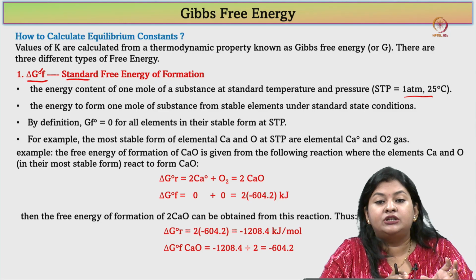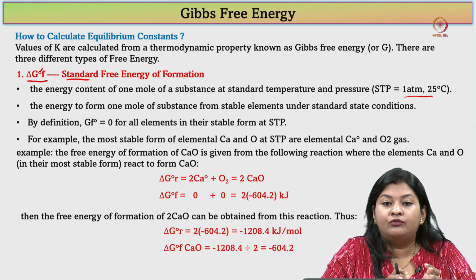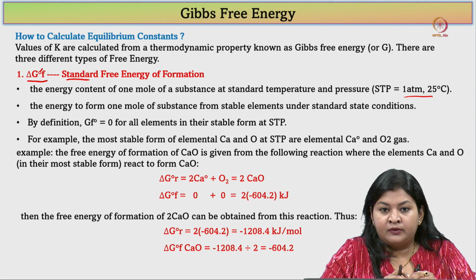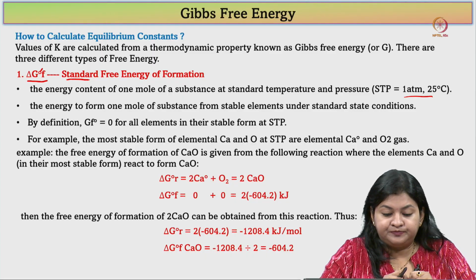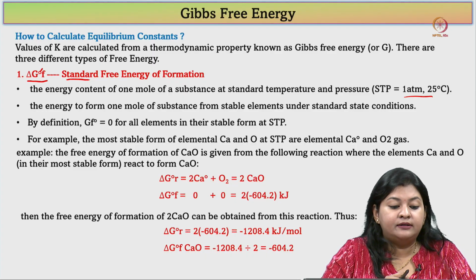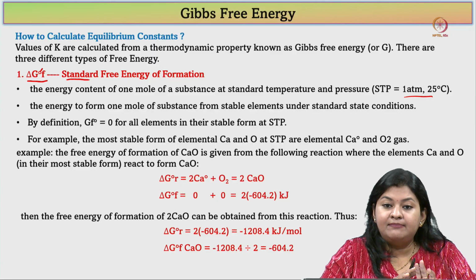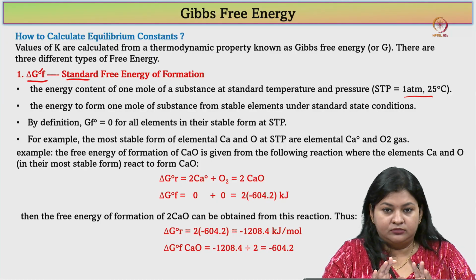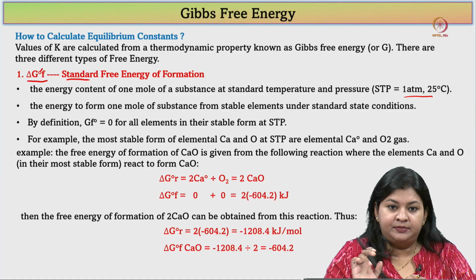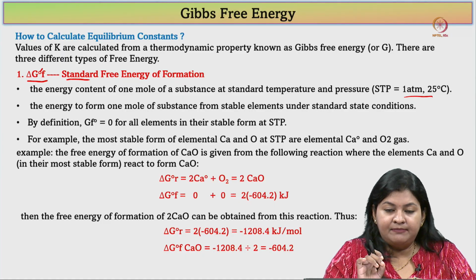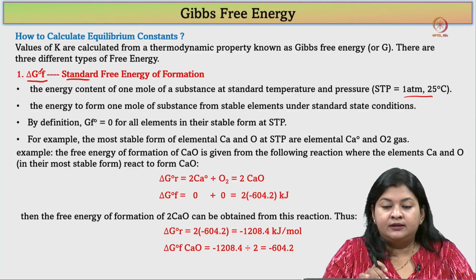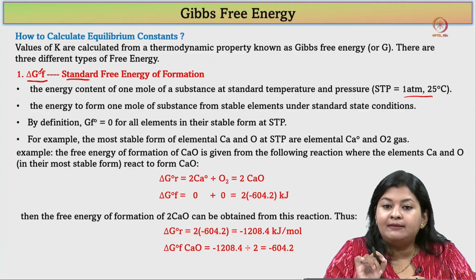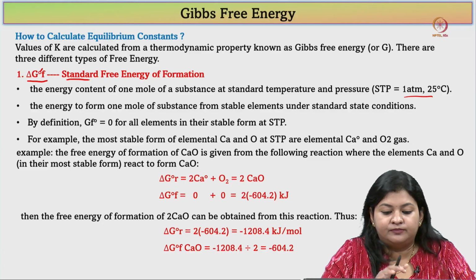That is the energy required to form 1 mole of that particular compound. For example, definitely for all elements, delta G of F is equal to 0 at STP. In the stable form at STP, delta GF for elements is equal to 0.